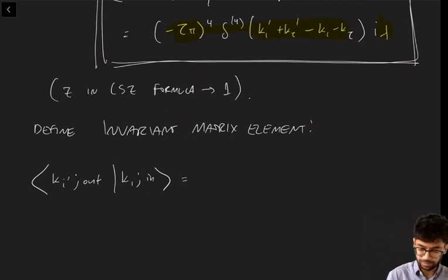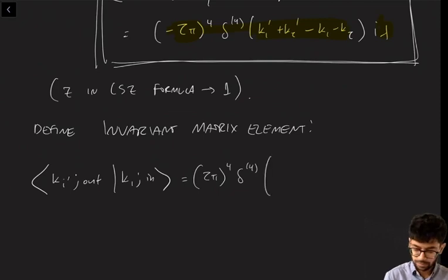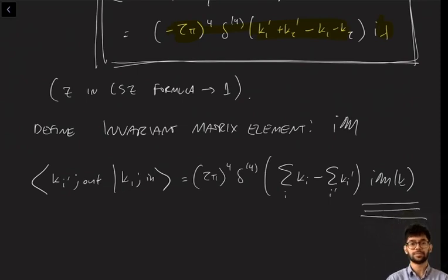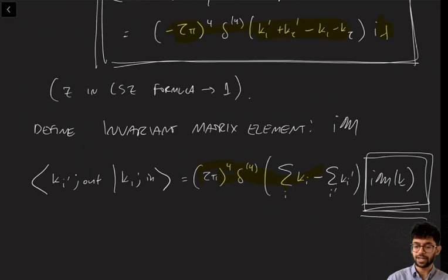And this inner product takes the form 2 pi to the 4th delta 4 of the sum over the incoming momentum minus the sum over the outgoing momentum, times i M of k. The invariant matrix element is called i curly M, and it's just this bit here at the end. Okay? So what I'm doing is I'm basically stripping off all of these tedious kinematic factors, and I'm focusing on the interesting important bit. I'm calling that i M of k. It's the important bit with all the kinematic factors stripped off, all these delta functions and so on.